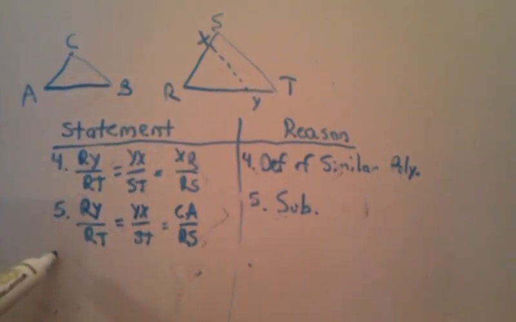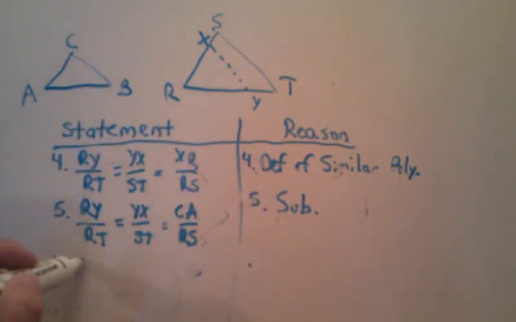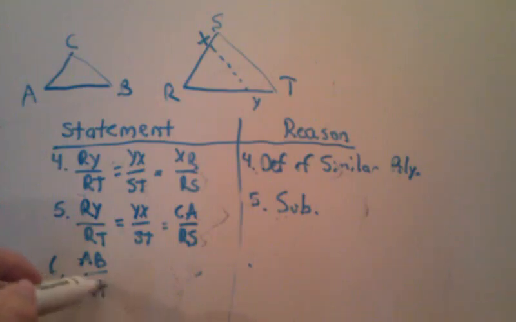Now number 6. Okay. Instead of RY, we're going to substitute with AB. Okay, so AB is to RT as, this is a 6, by the way, this isn't writing real well, is it?